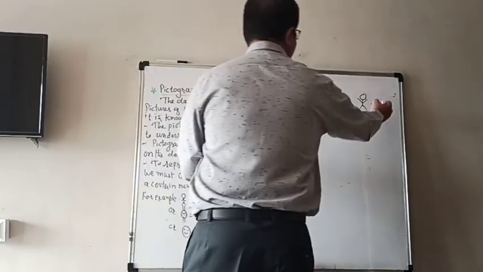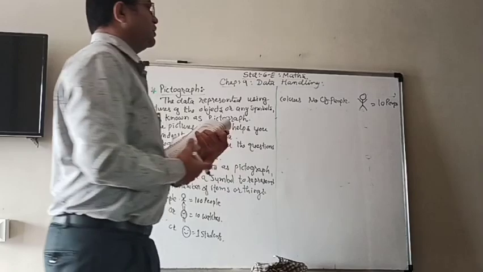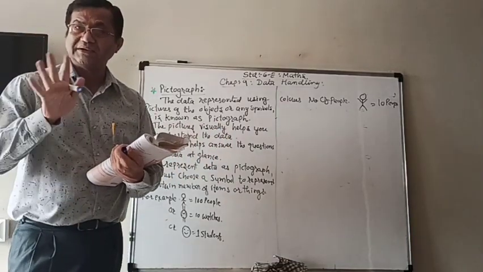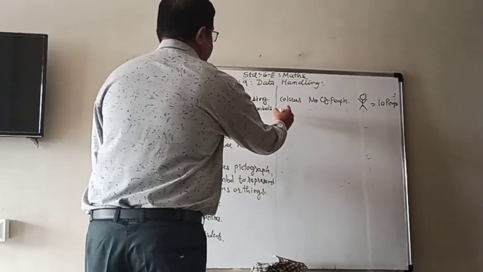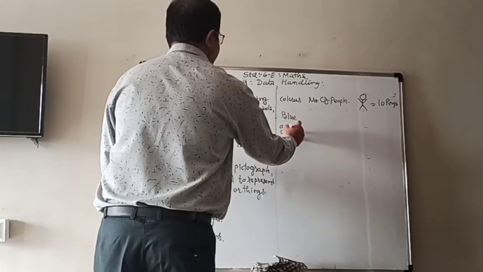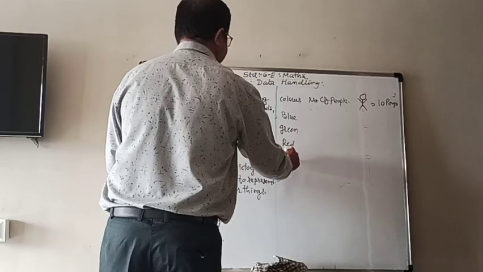And there are 10 people. It means one symbol equals 10 people. Not only one person but 10 people. So now there are 4 colors: blue, green, red and white.